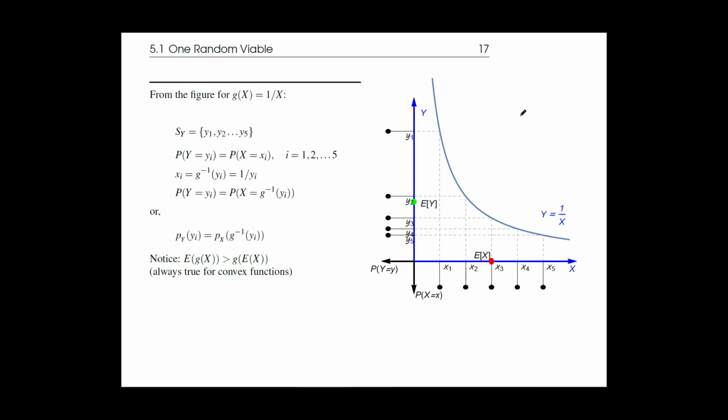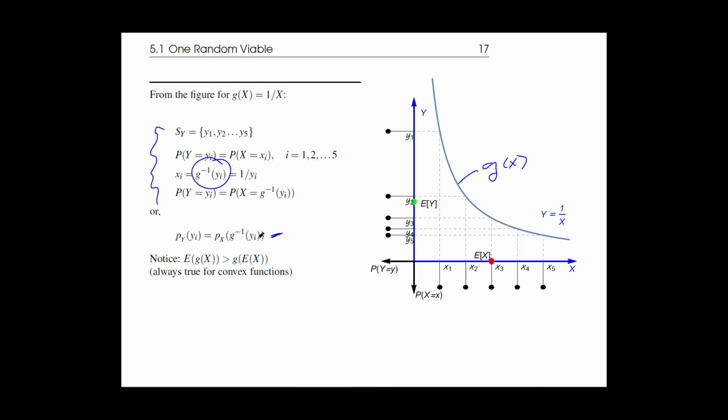All right, let's look at a convex function like here. It's the same uniform distribution for x, these are all at the same height. And then the function g changes. Needless to say, this is g of x, which is 1 over x in this case. Same thing, except that the inverse is now obviously 1 over yi, and the recipe is the same.